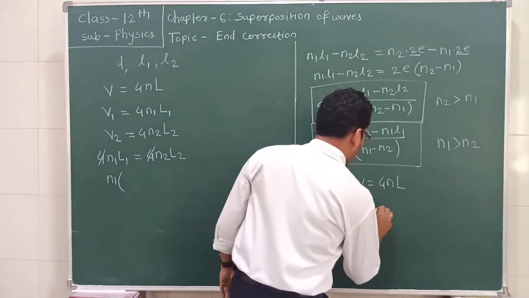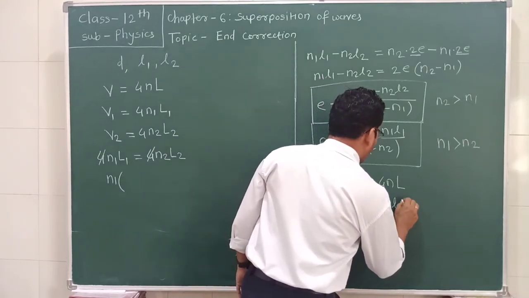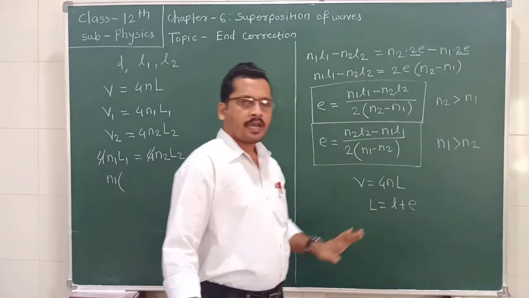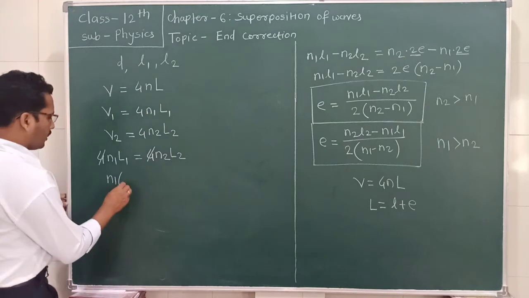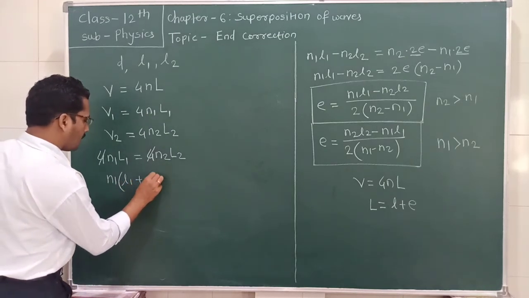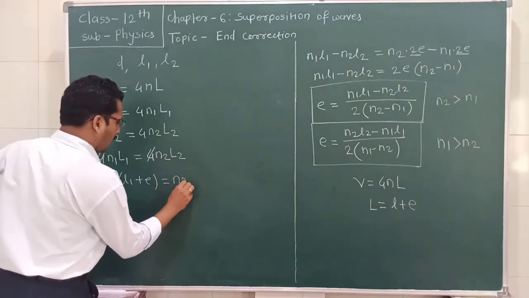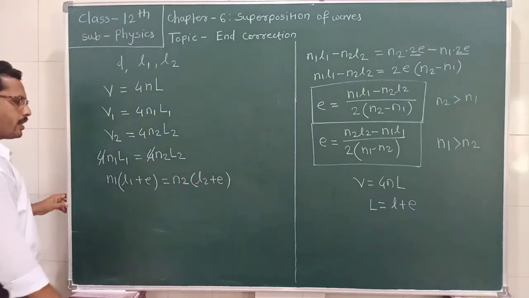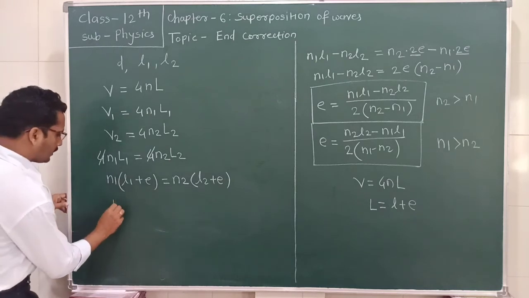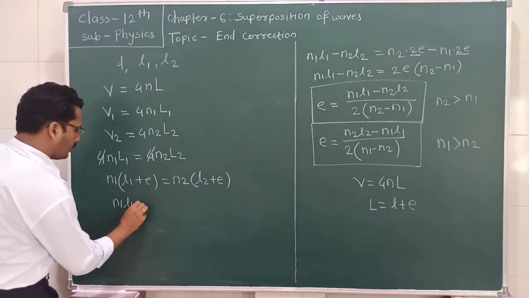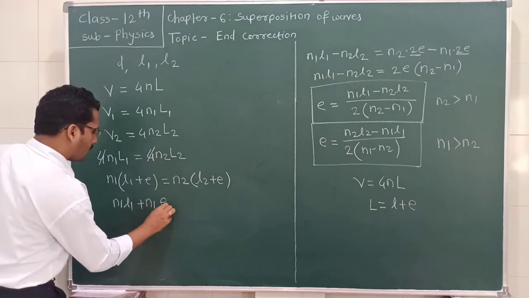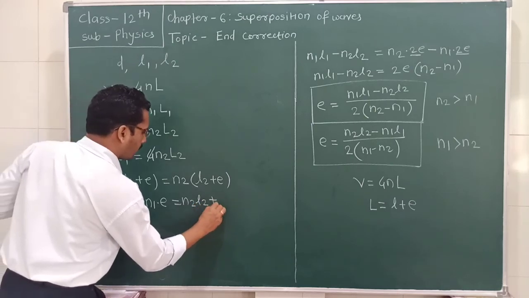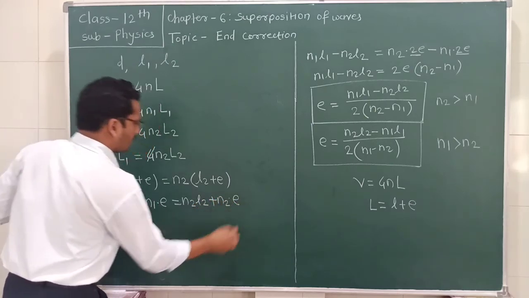So this L is equal to l plus E. That is the length of the air column plus the end correction. So we can write here n1 (l1 plus E) is equal to n2 (l2 plus E). Okay, so it is n1 l1 plus n1 multiplied by E. It is equal to n2 l2 plus n2 multiplied by E.